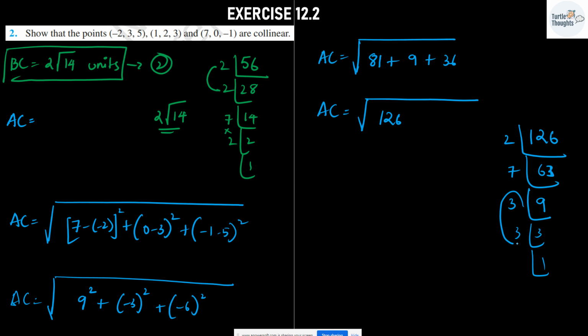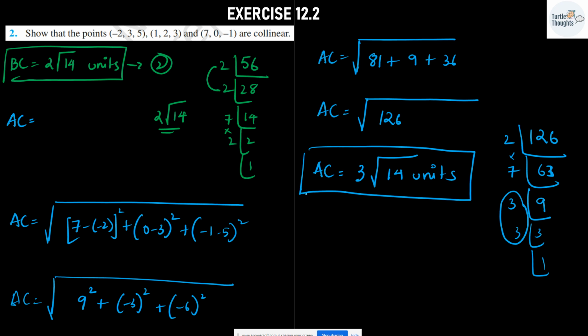So we have a pair of 3 and we have lone 2 and 7. I can write AC as 3 root 2 multiplied by 7, which is 14 units. This can be your equation number 3.